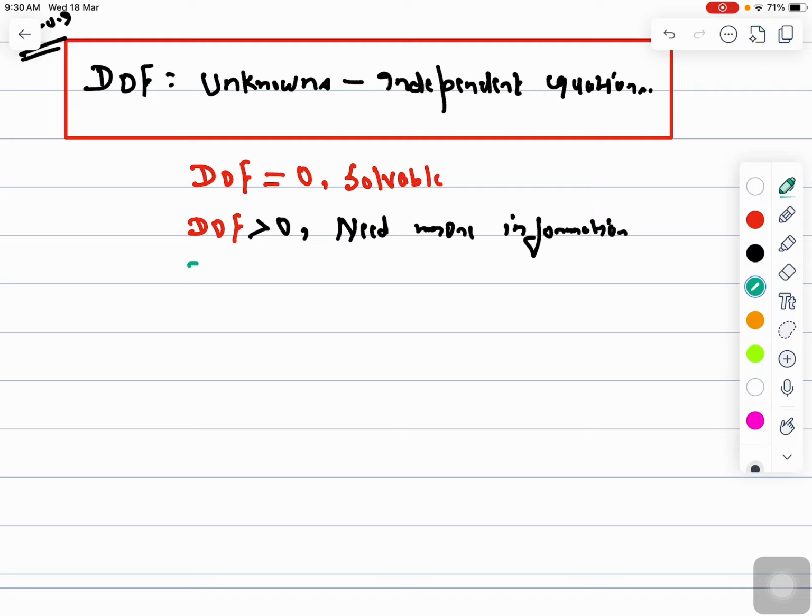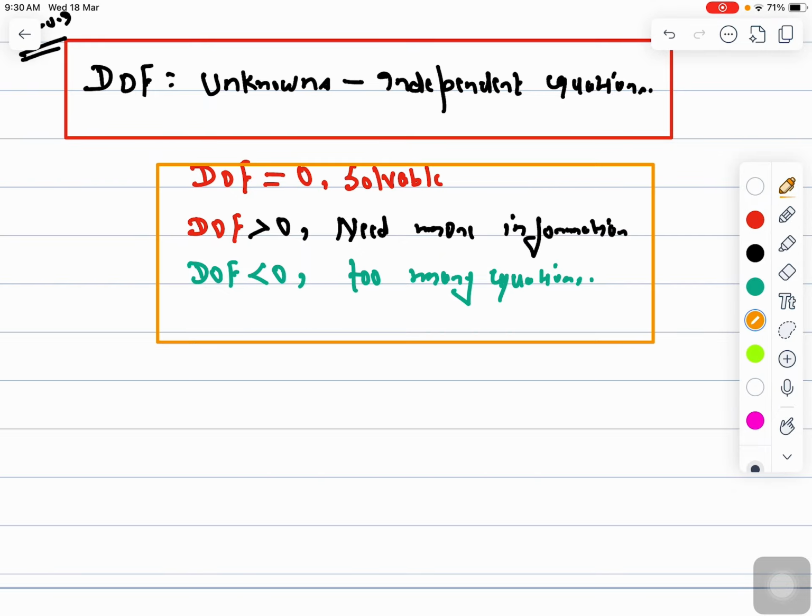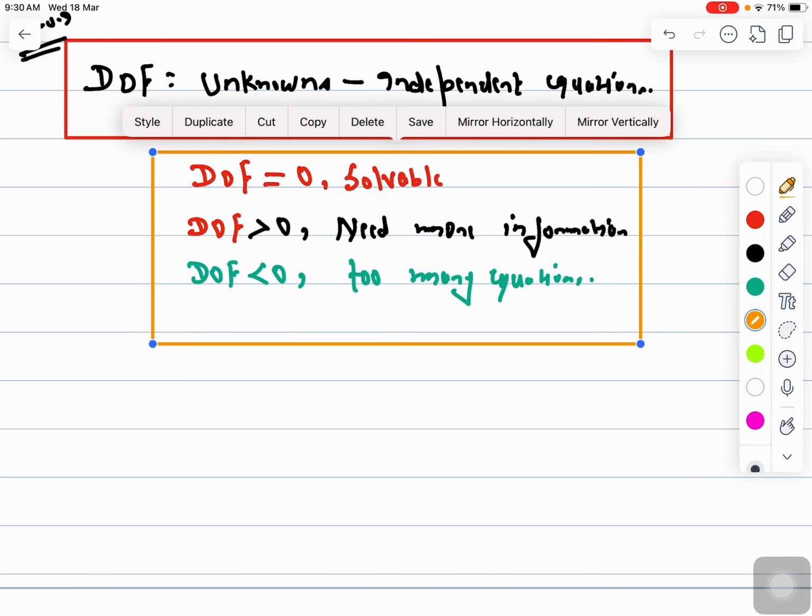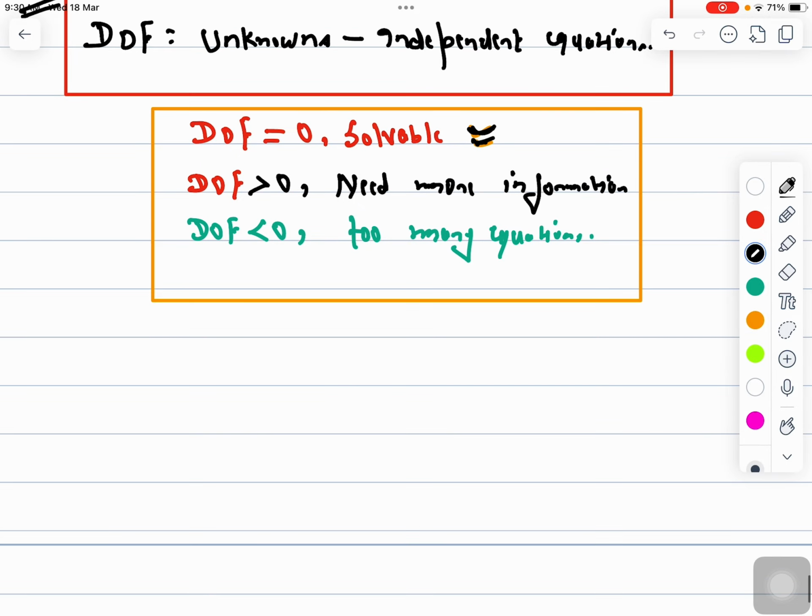And if degree of freedom is less than 0, then there are too many equations, so you cannot solve it. That is very important to understand.